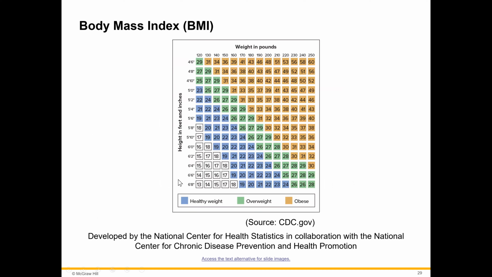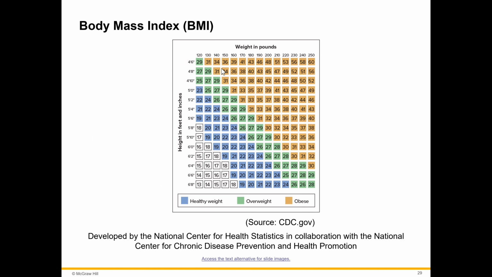So here is the body mass index, developed by the National Center for Health Statistics in collaboration with the National Center for Chronic Disease Prevention and Health Promotion, that tells you your height over here and your weight in pounds.